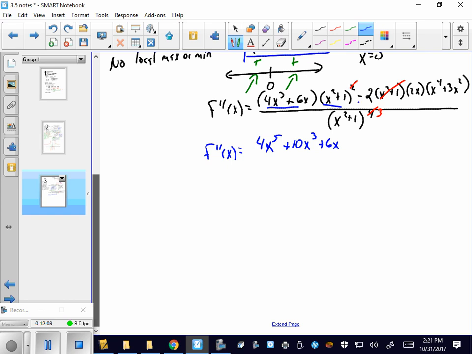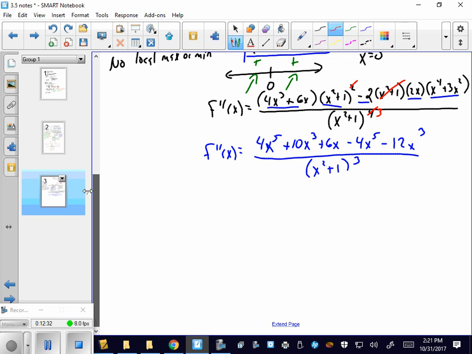Now we got to distribute the -2x into here. So that's going to be distributing a -4x. So we should get minus 4x to the fifth. That's nice. And then we should get a minus 12x cubed over x squared plus 1 cubed.